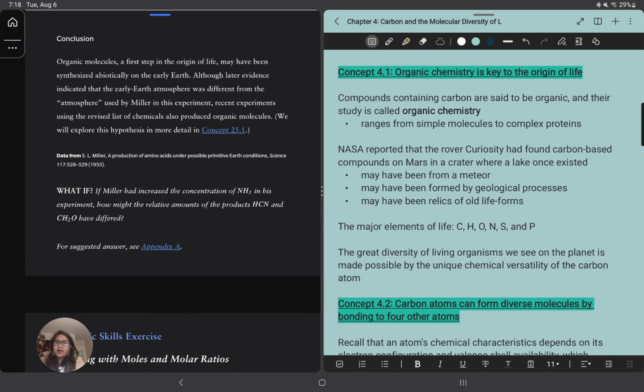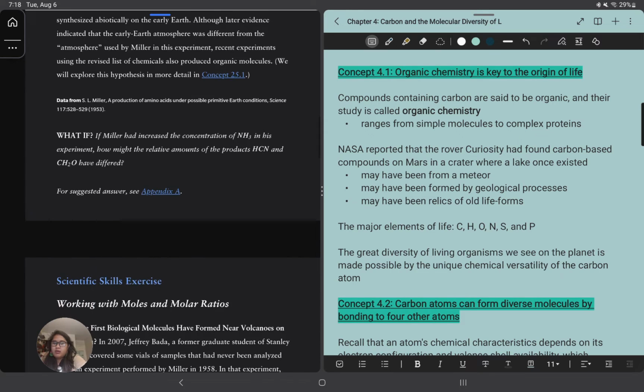Organic molecules, a first step in the origin of life, may have been synthesized abiotically on the early Earth. Although later evidence indicated that the early Earth atmosphere was different from the atmosphere used by Miller in this experiment, recent experiments using the revised list of chemicals also produce organic molecules. We will explore this hypothesis in more detail in 25.1.